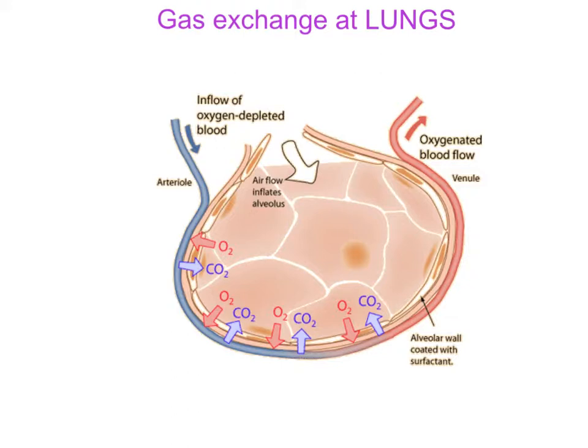So first, gas exchange at the lungs. I think in gaseous exchange we need to have an element of common sense. The first thing to remember is what we're trying to do when we exercise. One of the key elements is the fact that we need to get oxygen in. So oxygen is coming in to the lungs, we're breathing it in.